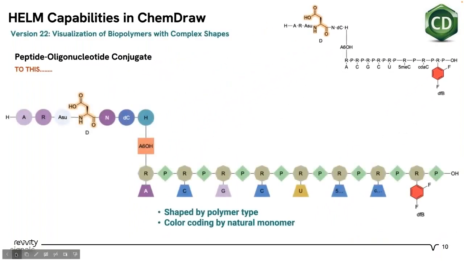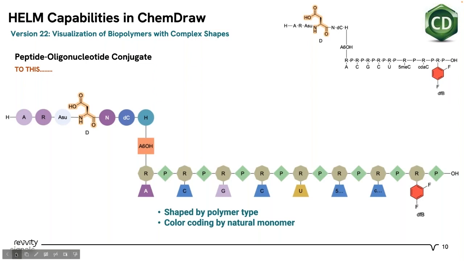So what you'll notice immediately is you have some quick visual indications in terms of what the polymer types are. So you have different shapes according to whether you are drawing a peptide, a chemical linker, or an oligonucleotide. So you have unique shapes for all the sugars, phosphates, and nucleobases, and everything that you're drawing with here, which allows you to quickly identify exactly what you're looking at.